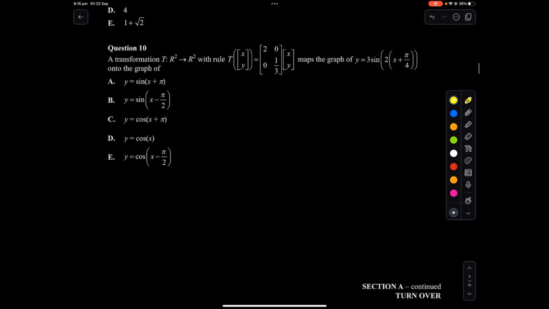Question 10. A transformation with the rule this transforms the graph of this onto the graph of this. Which one is it? Okay, so let's just expand this transformation. x dash equals 2x, y dash equals 1/3 y.